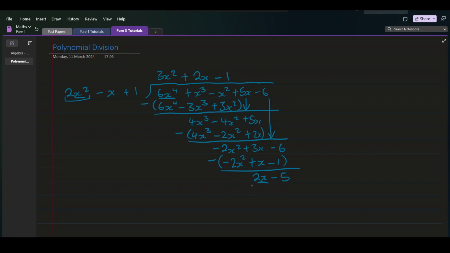So it means that we cannot divide any further, and this right here becomes our remainder. This is our remainder, and what you have on top is your quotient. And you stop and you conclude that the quotient is 3x squared plus 2x minus 1, and the remainder is 2x minus 5, and that would be your final answer.